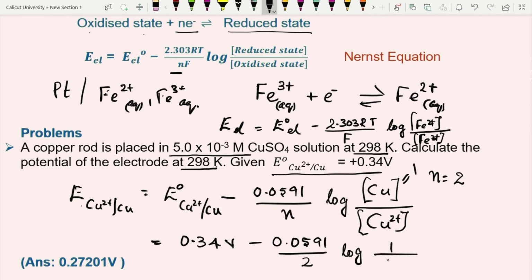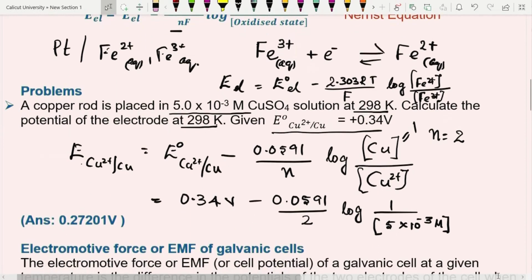The concentration of copper ions is 5 into 10 to the power minus 3 molar, and solving for that you will get the answer as 0.27201 volts.